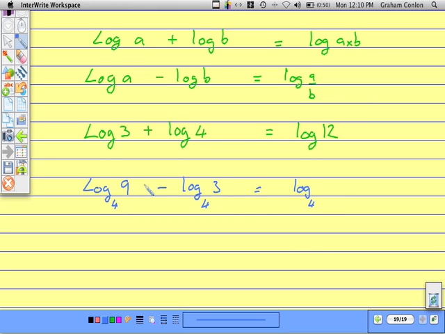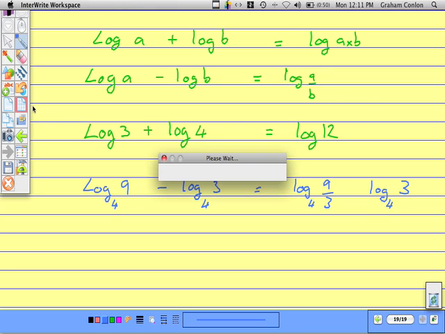Remember, taking away logs means you divide them, so that's 9 divided by 3, which is the log base 4 of 3. Up here I didn't bother to put the actual base in because we assumed it was 10. If you're given it, you've got to put it in. If you're given different bases, then you've got to do something about that, but you won't be. They will both be the same base. So just keep the bases in and you'll be fine.